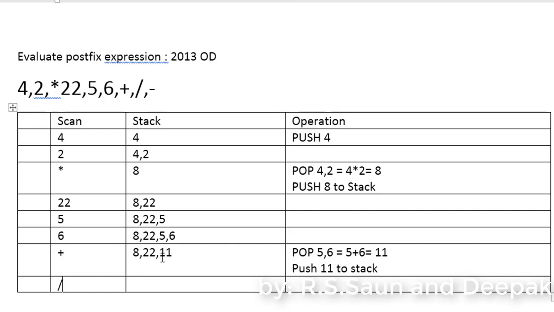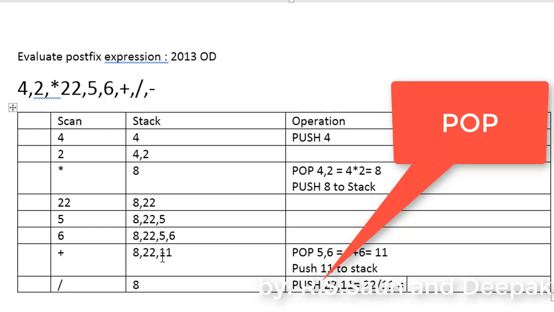Now we have a divide here, so we pop 2 elements, 22 and 11, and perform the operation, 22 divided by 11, and you get 2 here.